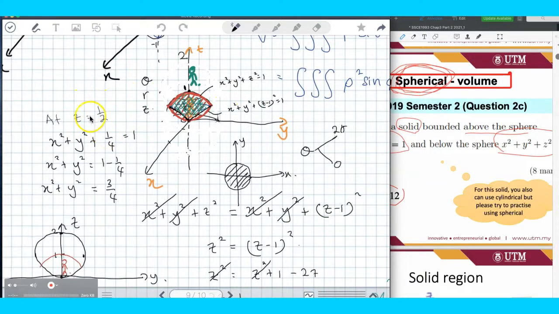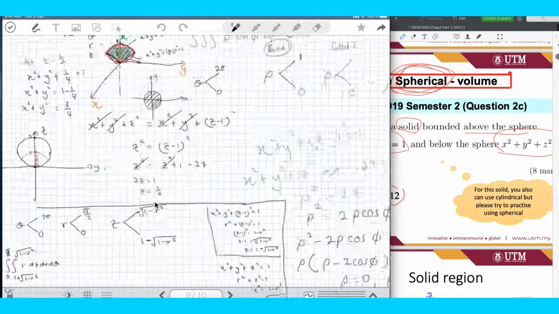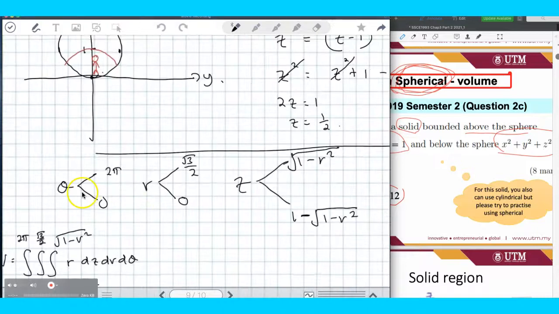When we plug z equal to half into one of the equations, we get a circle with radius 3 over 2. So we can see that it is a complete circle, and directly the limit of theta is 0 to 2 pi, and the limit of r is from 0 to 3 over 2. So we can get the limits of theta and r straight away from the region.